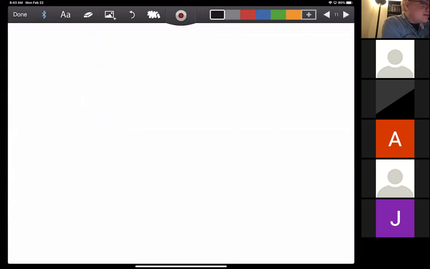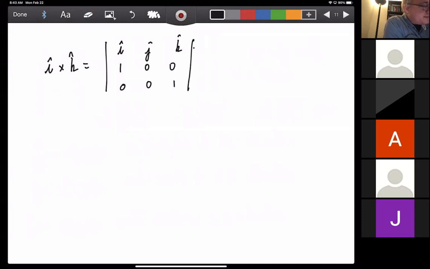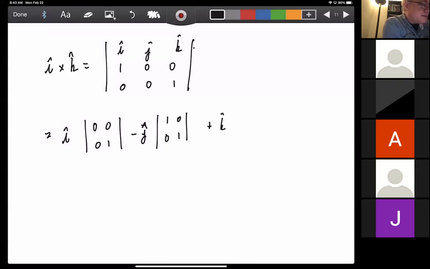So let's do i cross k and just see what we get here. So i hat with a plus, 0 0 0 1. j hat with a minus, we have 1 0 0 1. k hat comes in with a plus.